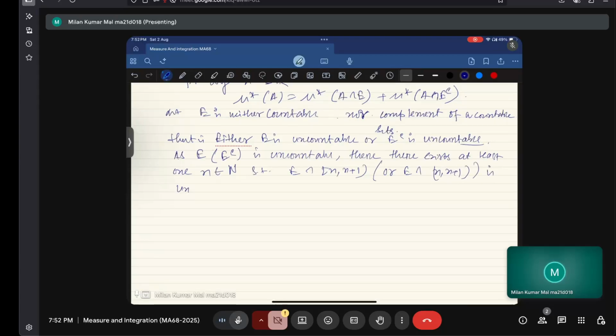Because if for every n, E intersection [n, n+1) is countable, then ultimately E will be countable. But that is not the case, E is uncountable. So at least one n exists for which E intersection [n, n+1] is uncountable.